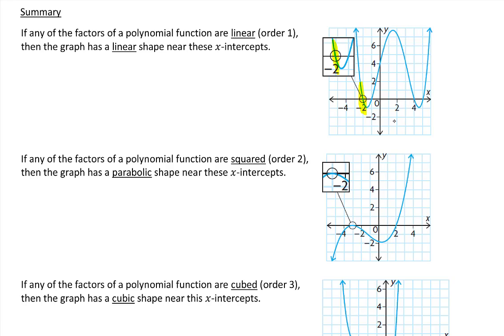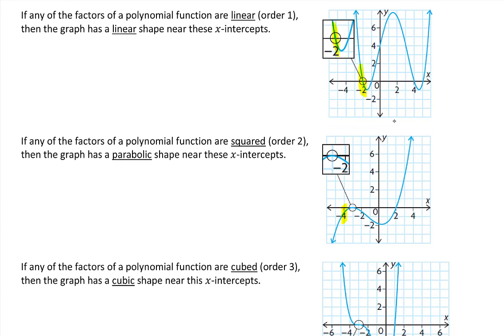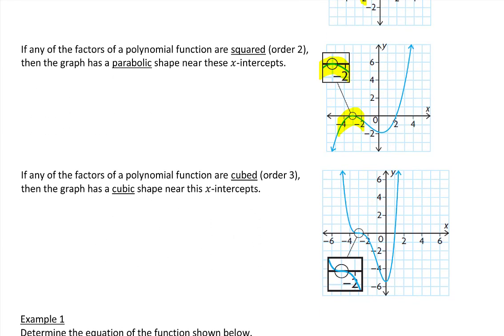If any of the factors are squared, then the graph has a parabolic shape near these intercepts. So looking at this here, that would be of order 2, and notice if we zoom in, it would look like a parabola near that 0. And finally, if any of the factors are cubed or of order 3, then the graph has a cubic shape near that 0.